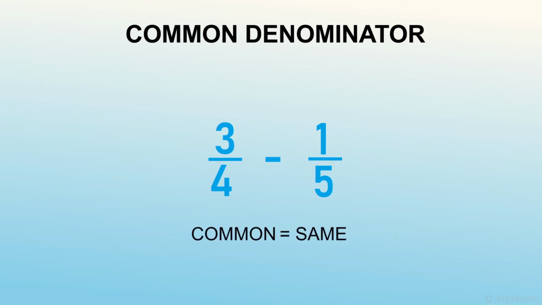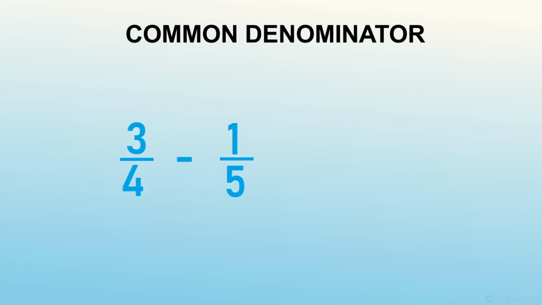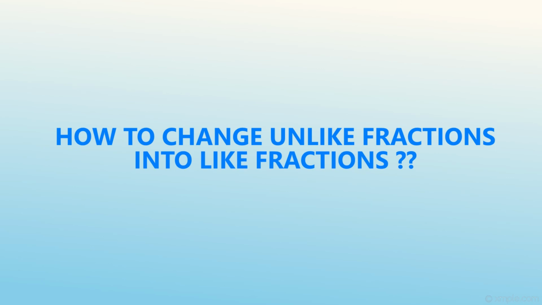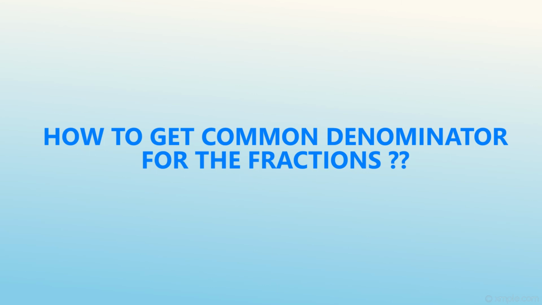So before adding or subtracting unlike fractions, you will have to find a common denominator for both or all of them. Can we change the two unlike fractions into like fractions? How do we get a common denominator for our fractions?